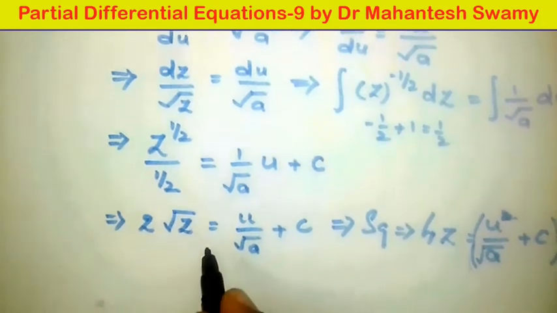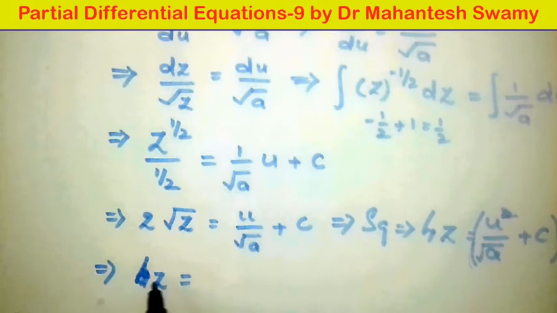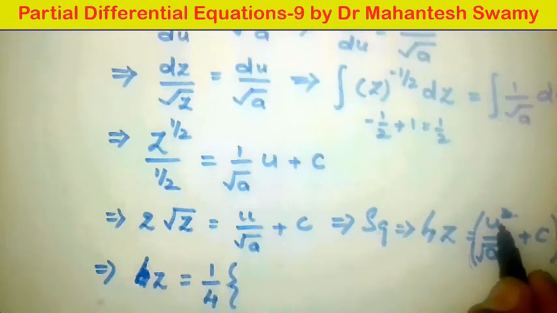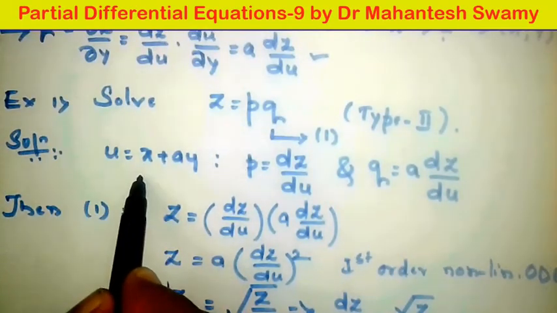Now the final solution I am writing here is 4z on the LHS, and on the RHS we can take this 4 to the other side. Let me write it in a systematic way: z equal to, because z is the unknown, we always want the solution in the form of z equal to something. Therefore z is equal to 1 by 4, and within the bracket u, whose value as per our substitution is x plus ay.